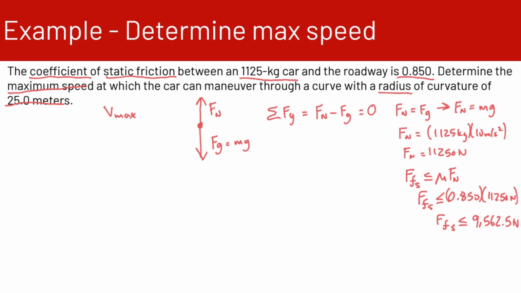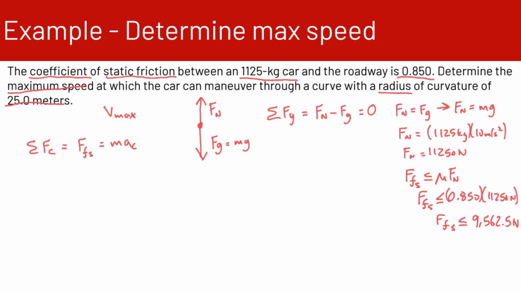Okay, so our sum of forces in the centripetal direction is equal to our frictional force. That's the only force that's keeping the car from sliding, and that's equal to mass times our centripetal acceleration.